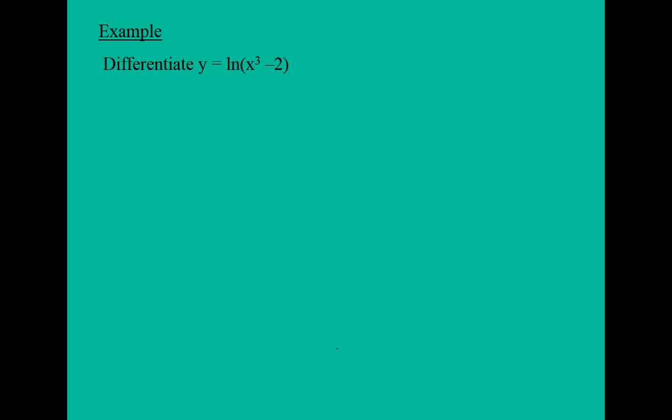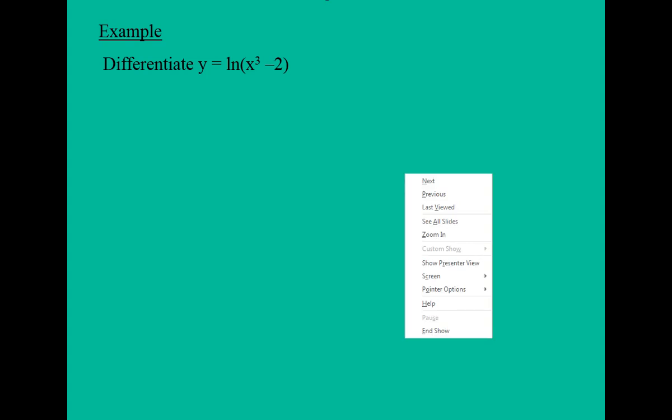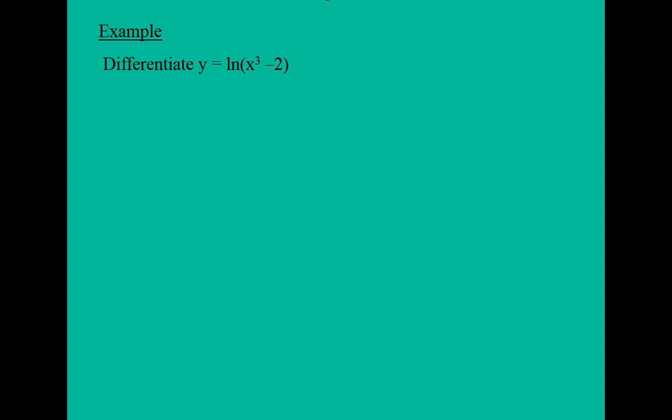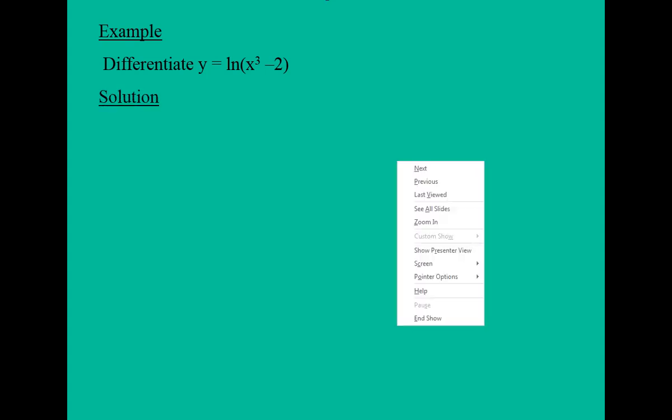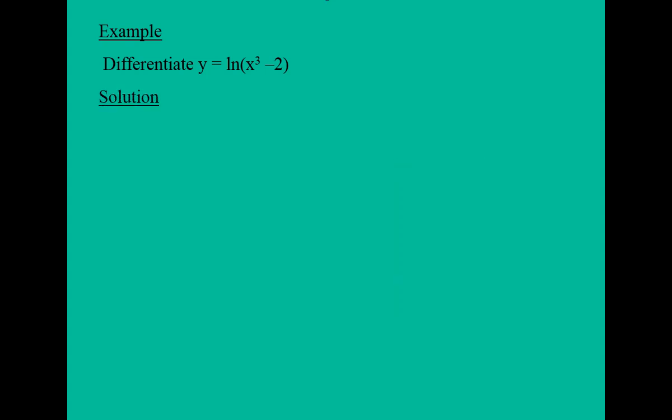So first off, let's identify our inside function, which would be our g of x. So g of x equals x cubed minus 2.